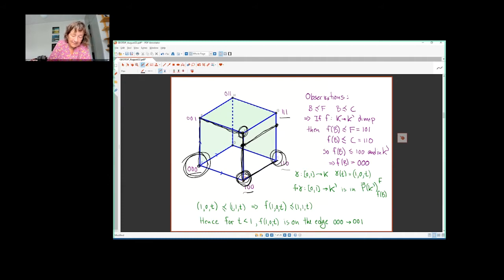And I know that this has to go to somewhere on these two edges. So it cannot go to this top edge, because then you are above this. So it has to go to here. And this is true for all points here, all the way up to the very last one. It has to map to this edge. But I want a continuous path, so that's not going to fly.